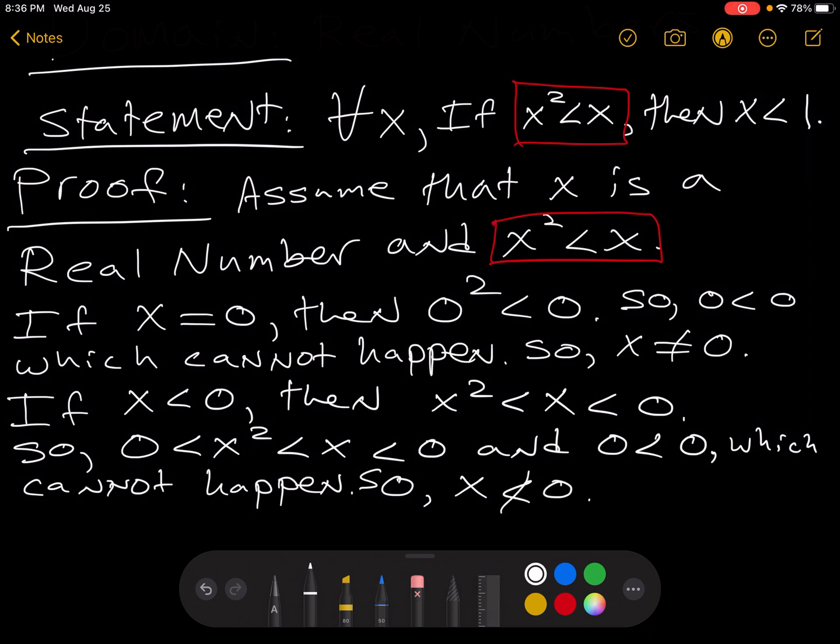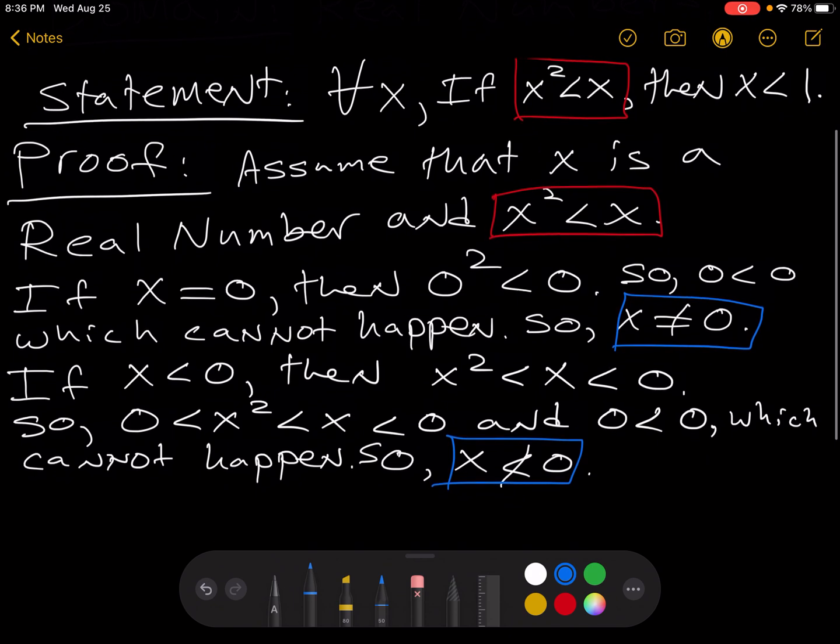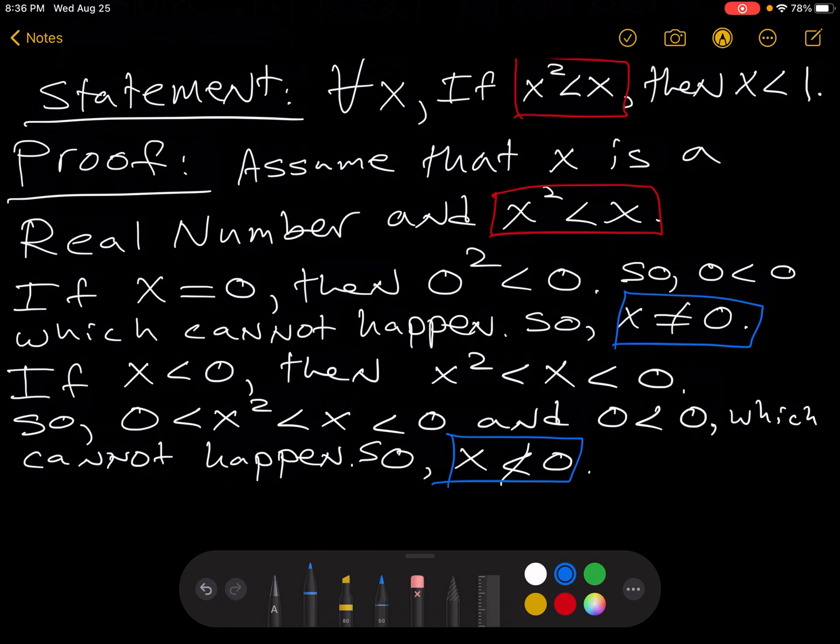All right, so now we've established that x is not equal to 0. I'll put these in blue. We've established that x is not equal to 0 and x is not negative. So now, using that information, we can modify our assumption.